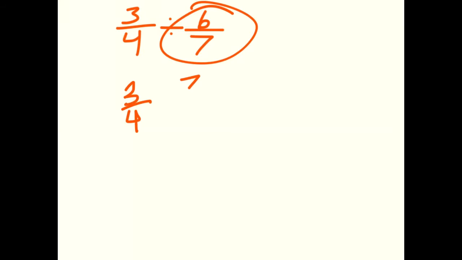So you just write 7/6, and then that's what you divide, or multiply, I mean. So then what you do is you write it like this: 3 times 7, 4 times 6.